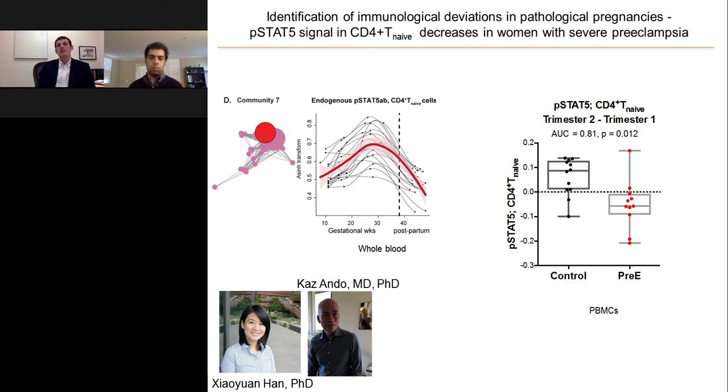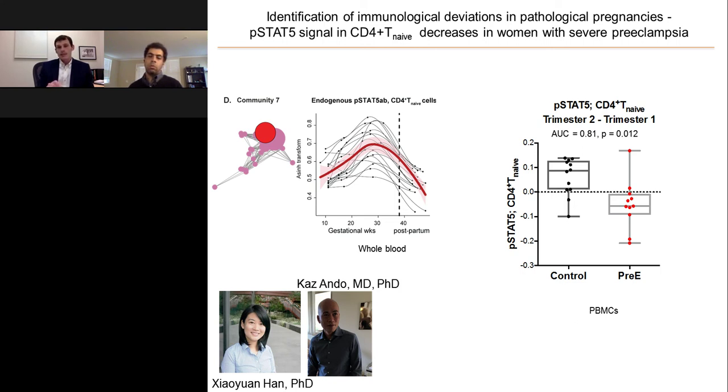preliminary data of a study that Xiaoyuan led, comparing two groups of women during pregnancy, a control group that delivered normally at term, and then a group that suffered from severe preeclampsia.